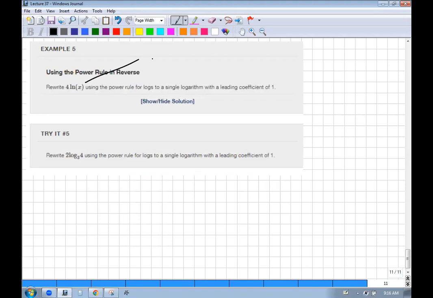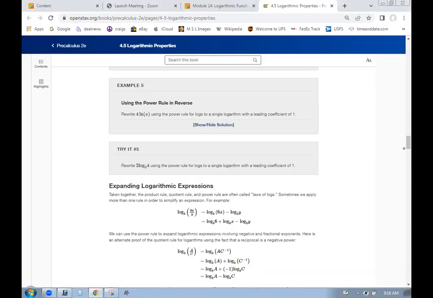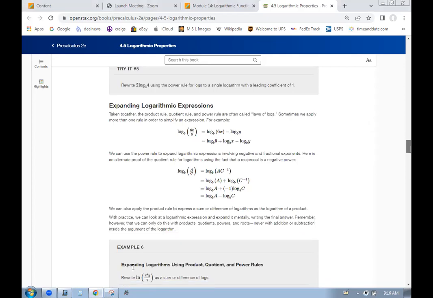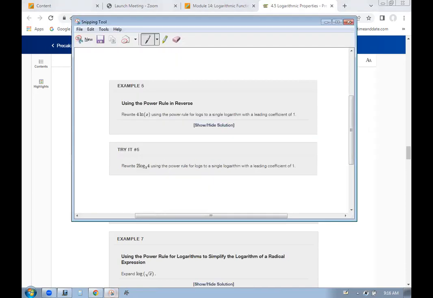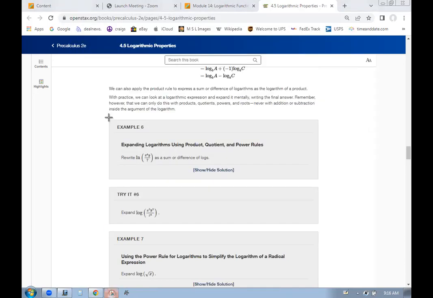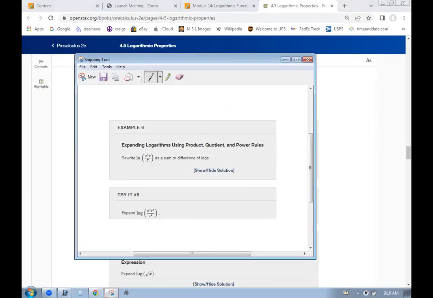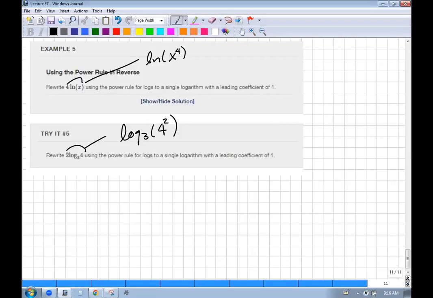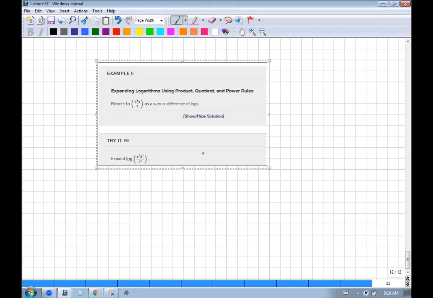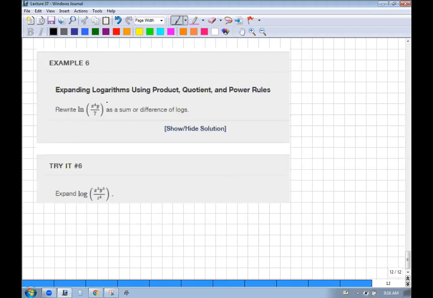This we could rewrite as x to the fourth. You could take that and make it an exponent. This we could take that 2, make it an exponent. So expand this guy.